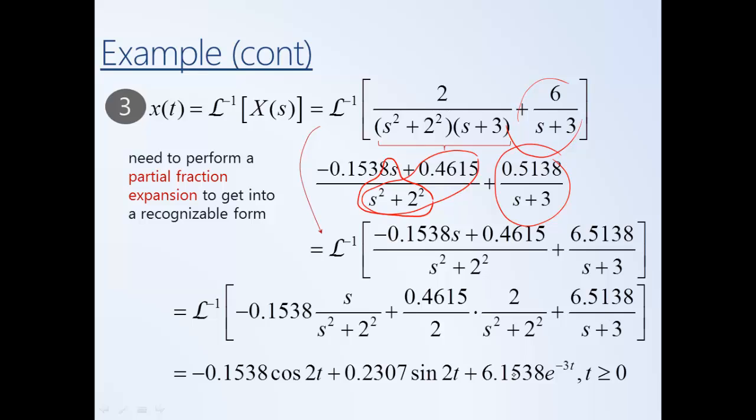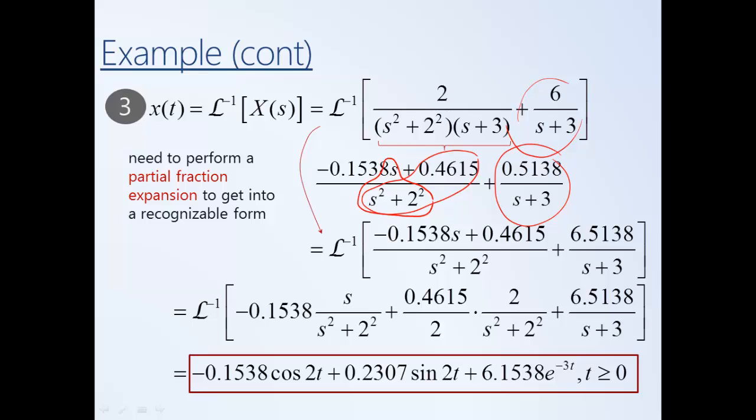This constant comes out front, and this has the form of 1 over s plus a, where a is equal to 3. Looking at our table, the inverse Laplace transform is e to the minus at, with here is our a. We again make the assumption that our time-based functions don't begin until t is greater than 0. We don't address negative time, and so this is our final solution.